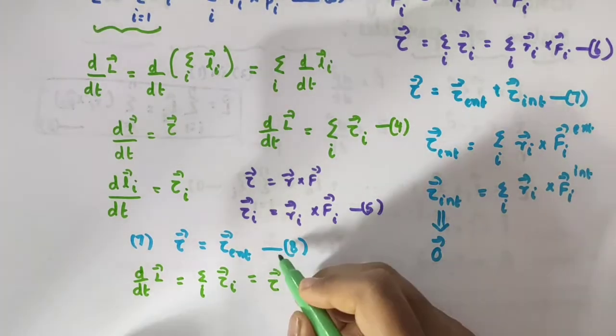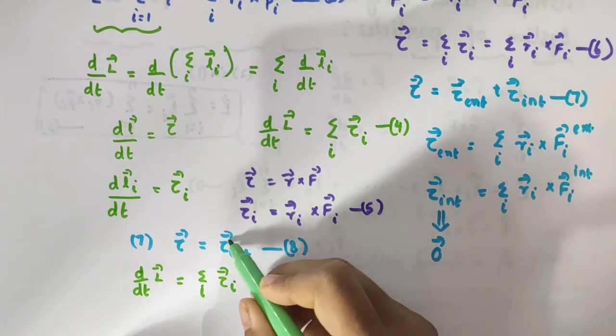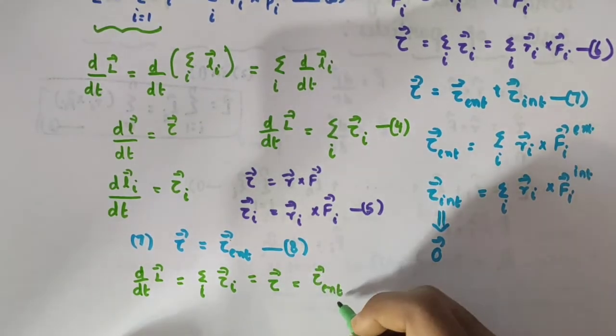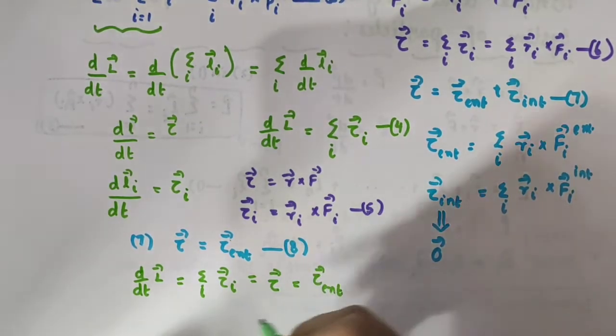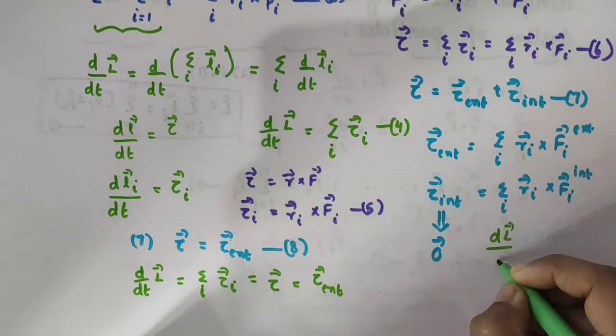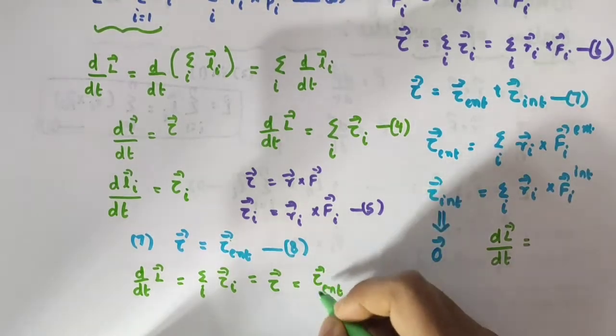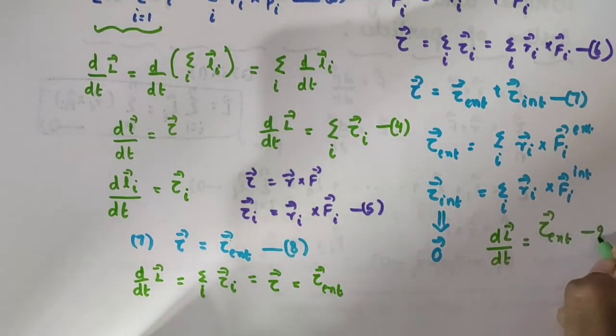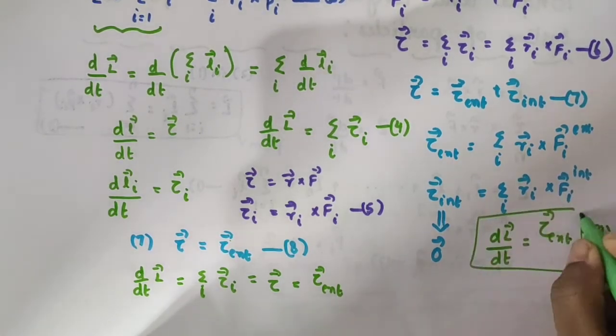From equation 8, the torque is equal to vector tau external. So we can write d vector L divided by dt is equal to vector tau external. I am taking this as equation number 9.